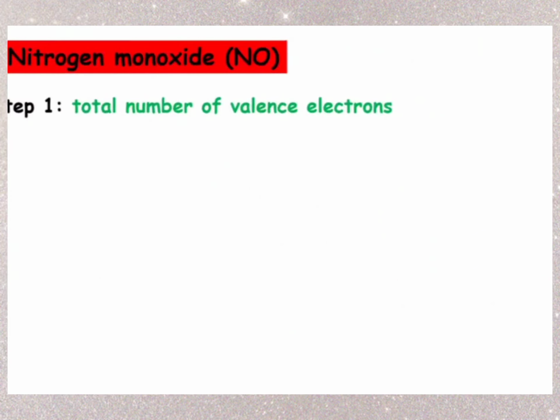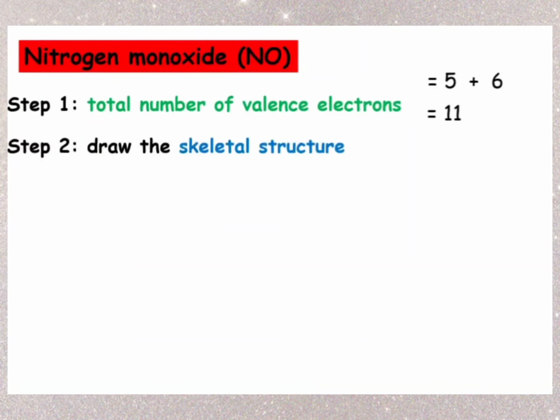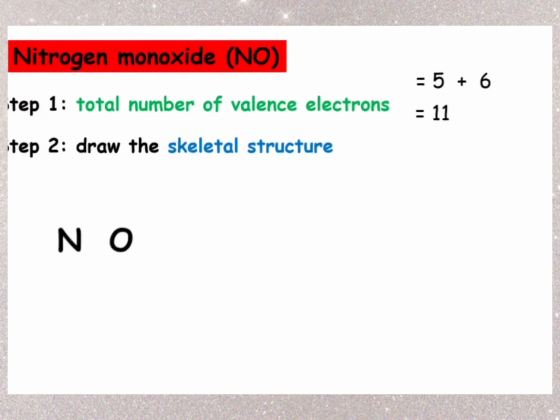For step 1, we need to determine the total number of valence electrons in the molecule. There are 5 valence electrons in the nitrogen atom and 6 in the oxygen atom. Next, draw the skeletal structure of nitrogen monoxide.